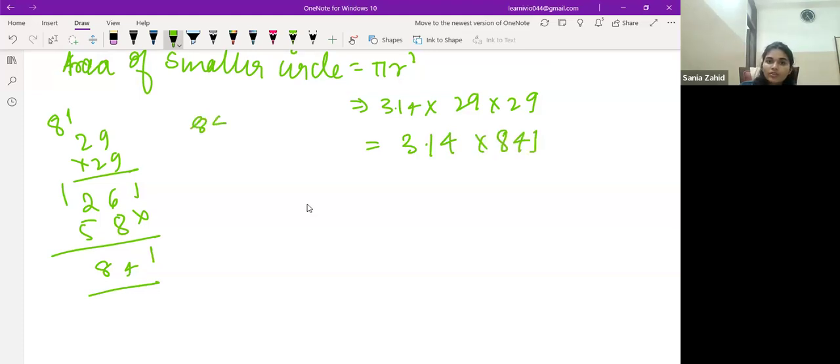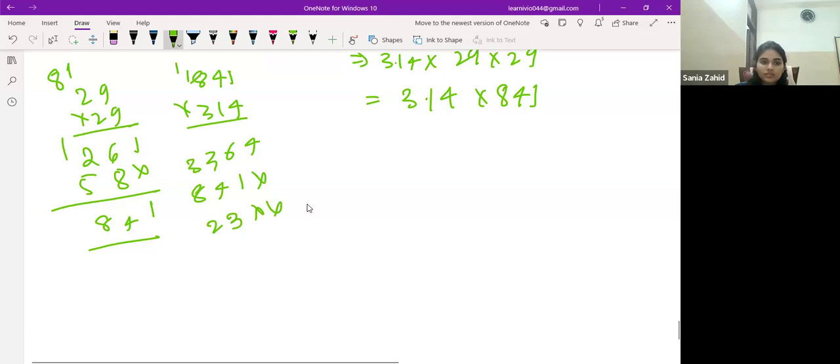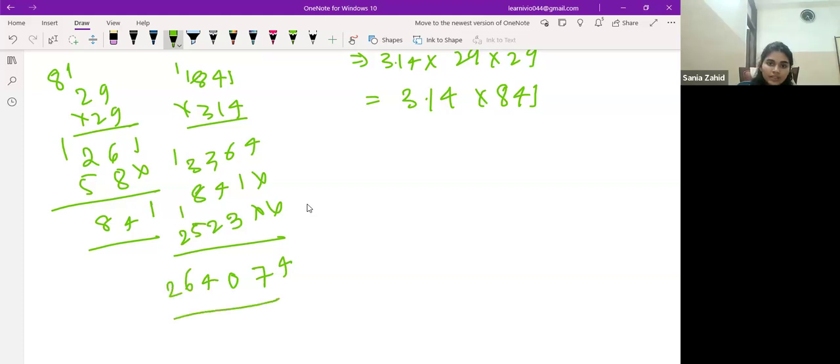Now you multiply 841 with 314. You get 2640.74 meters square. Okay.